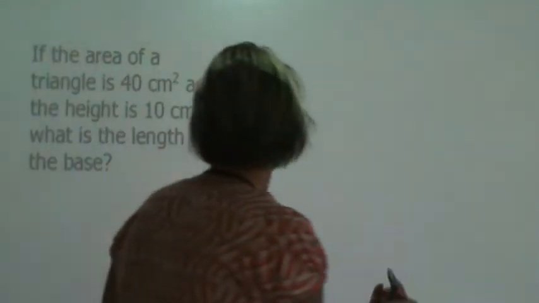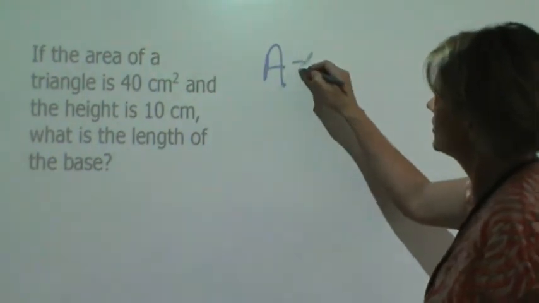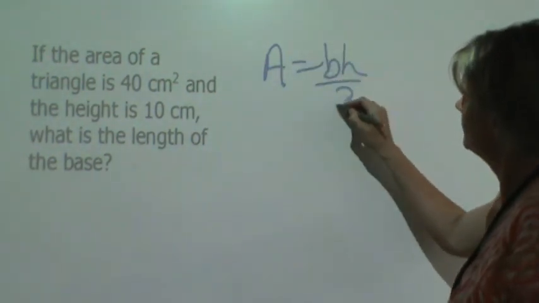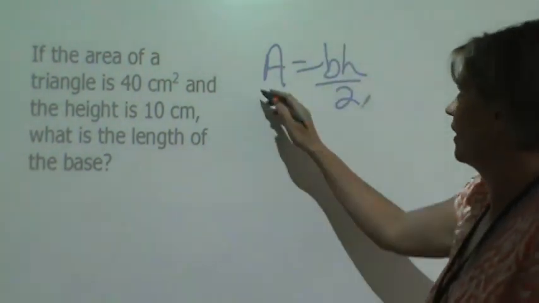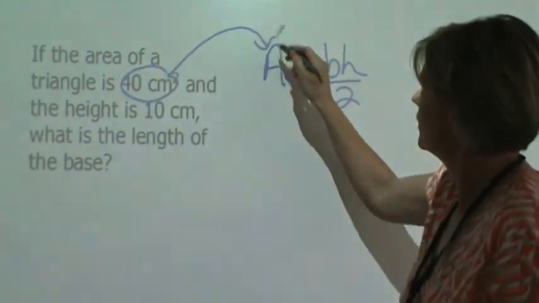Okay? All right, here we have the area of a triangle is 40 centimeters squared. The height is 10 centimeters. What's the length of the base? Okay, if you want to draw a picture, you can draw a picture. Otherwise, you can go right to the formula. Base times height divided by 2. All right, we know the area is 40.